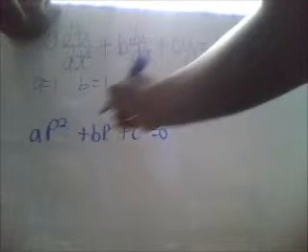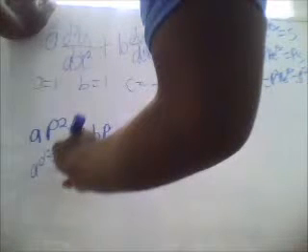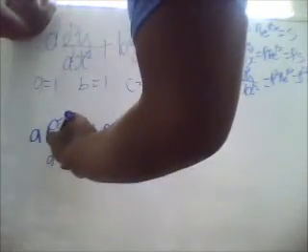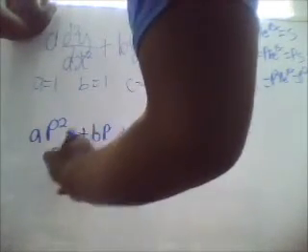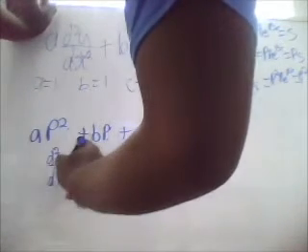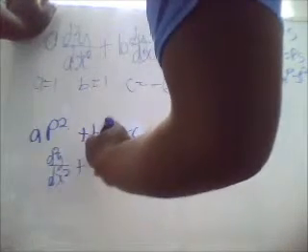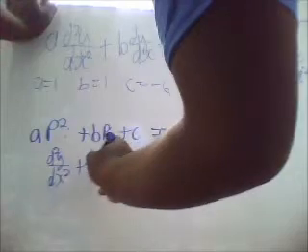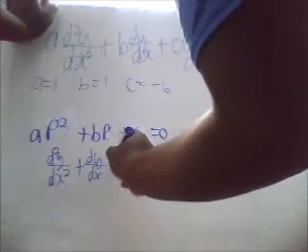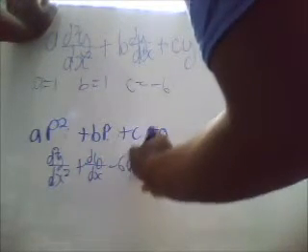That will give us d squared y by dx squared plus dy by dx minus 6y is equal to 0.